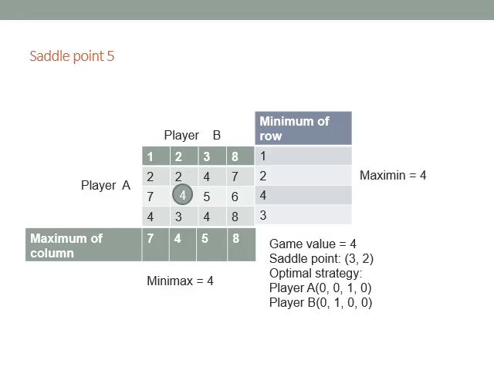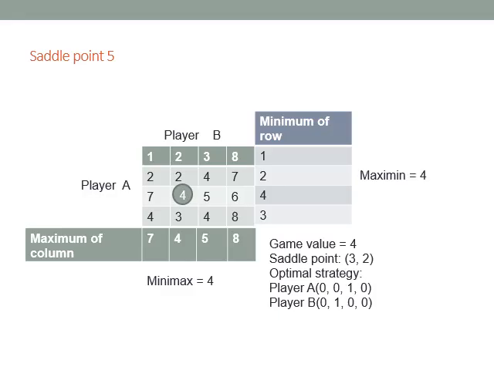Now, as usual, firstly, let us apply the minimum of row. For the first row, the minimum value is 1. In the second row, the minimum value is 2.